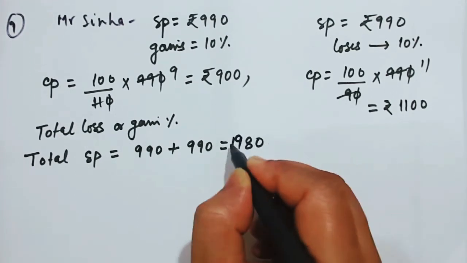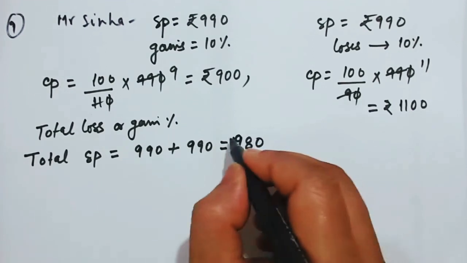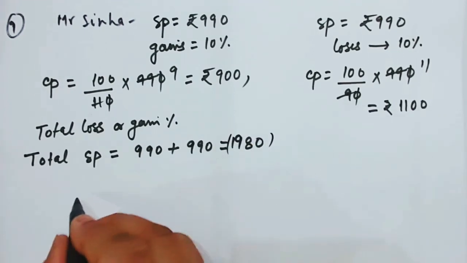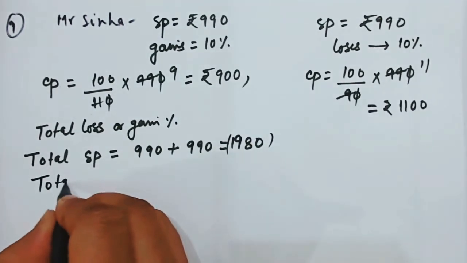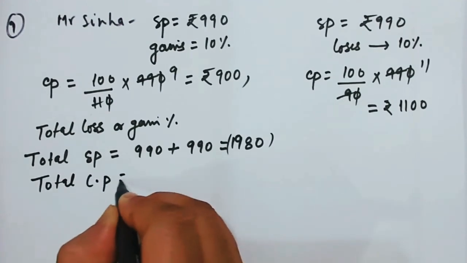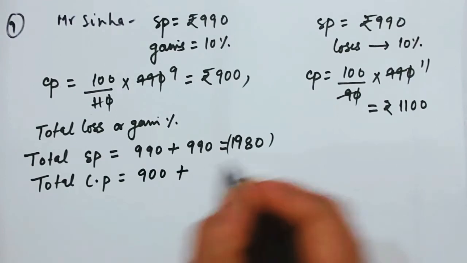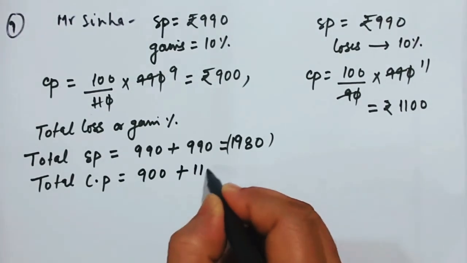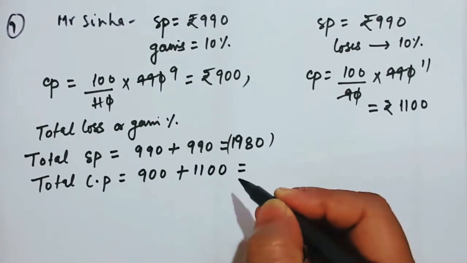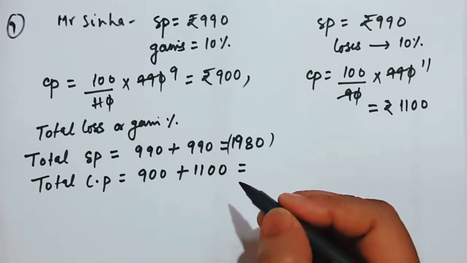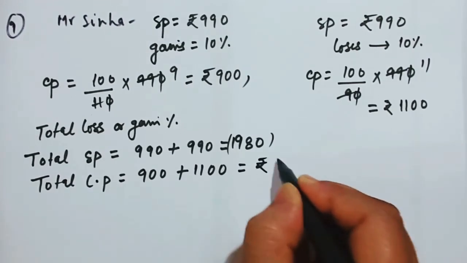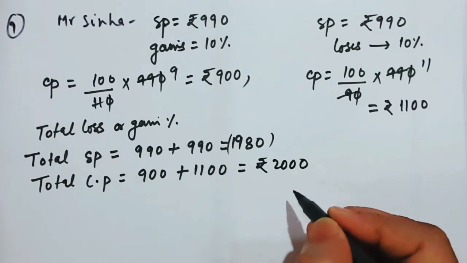1980 rupees. And total cost price is equal to how much? 900 plus 1100 will give you how much? So total cost price is rupees 2000. Fine.